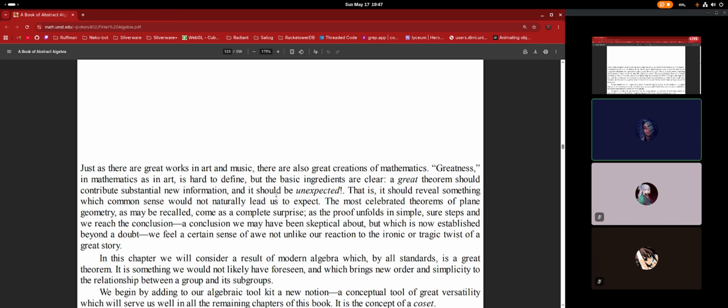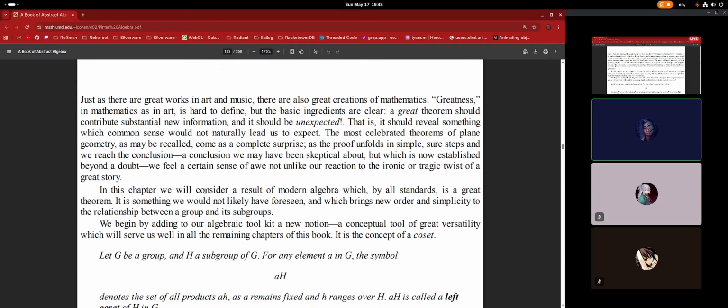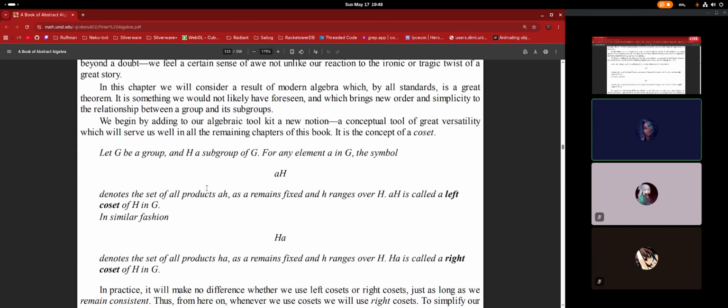Okay, so the chapter starts by saying that some great stuff comes from very unexpected places, and that's definitely going to be the case right here. Because we're going to start by throwing a very questionable definition here, right? At first I have no idea how somebody came to this idea.